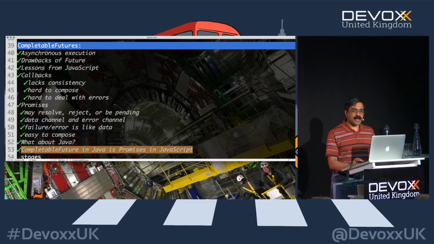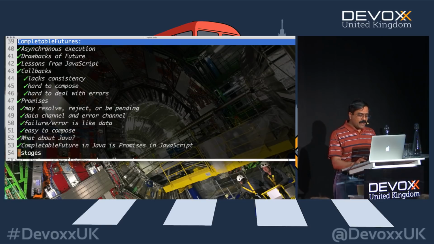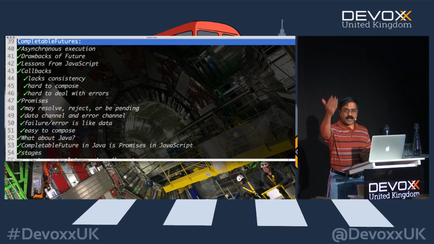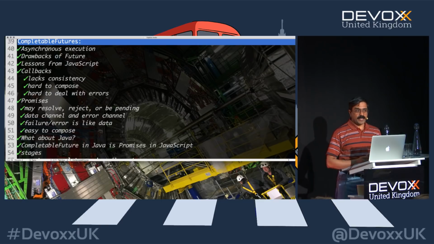I know we are thinking that's kind of scary that we have learned something from JavaScript, but absolutely we want to learn from everywhere we can, and JavaScript has taken the pain over the years to really learn about things. So what you have are what are called stages. So completable future has stages. So what is a stage? A stage is just a pipeline of execution, and you can go from one stage to another stage to another stage in a completable future.